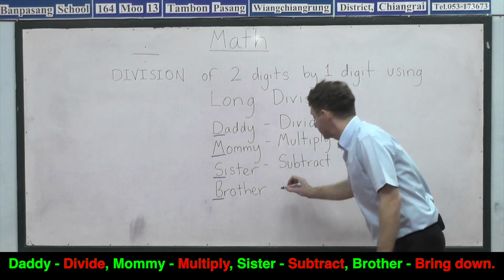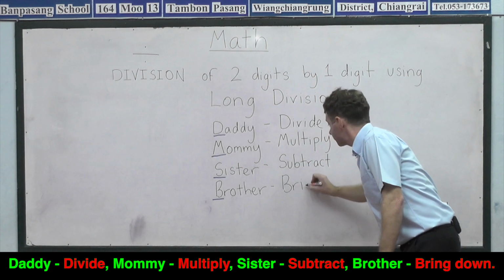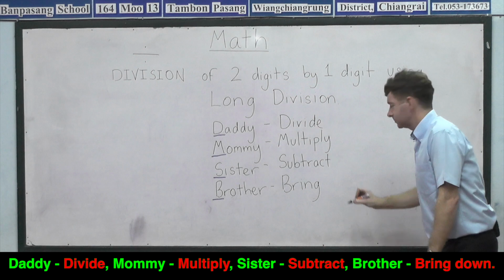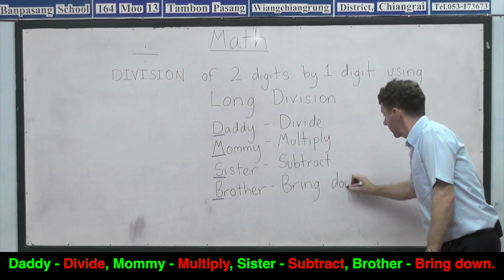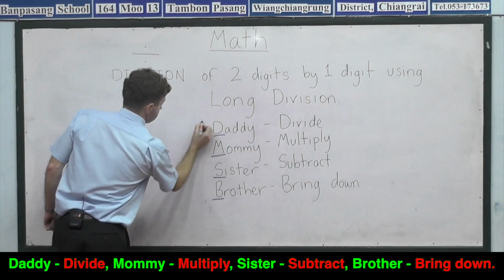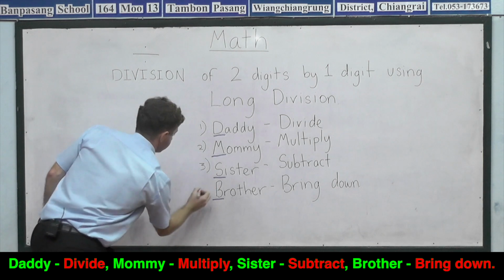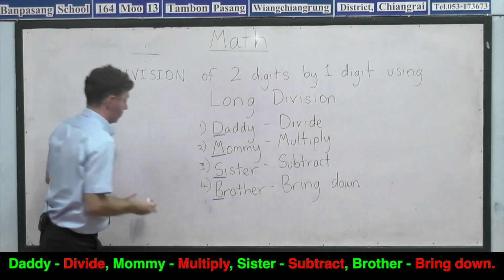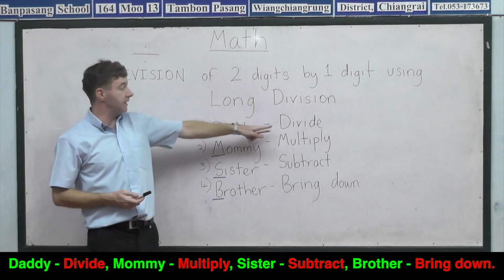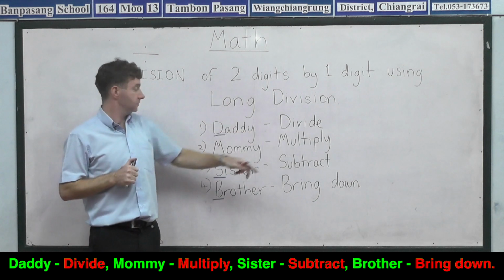Bring down. We need to bring down. How do we spell down? D-O-W-N. Okay, so we can write these as 4 stages. Stage 1, Daddy means division or divide.